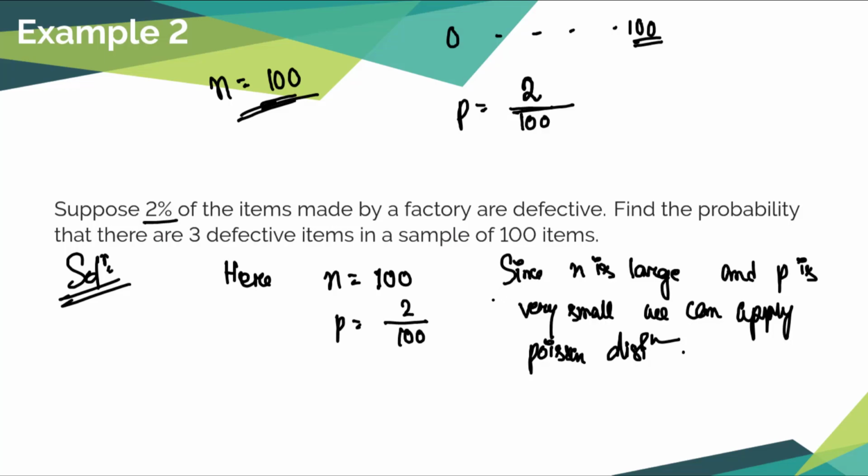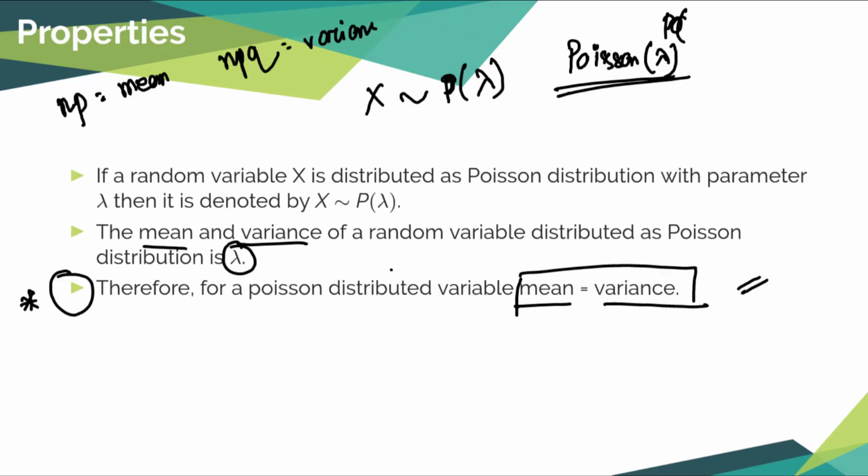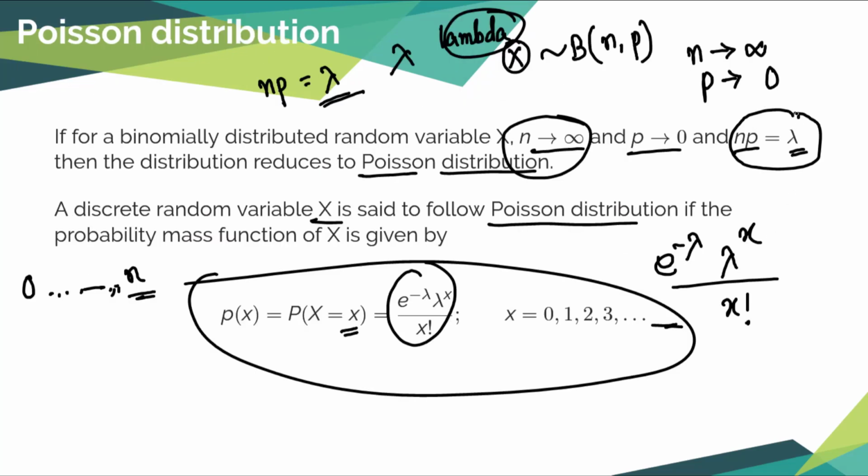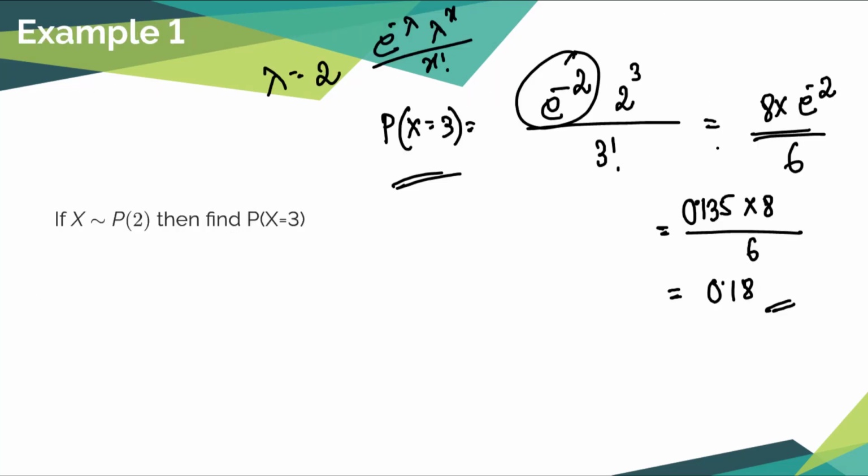This is the reason why we are using Poisson distribution in this example. Now we have already stated that in this relationship, np is equal to lambda. If you multiply the value of n and p, you will get the parameter lambda.